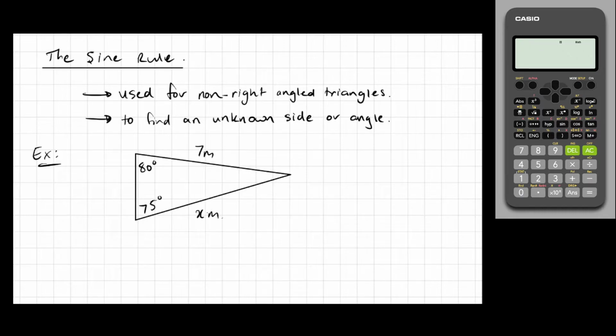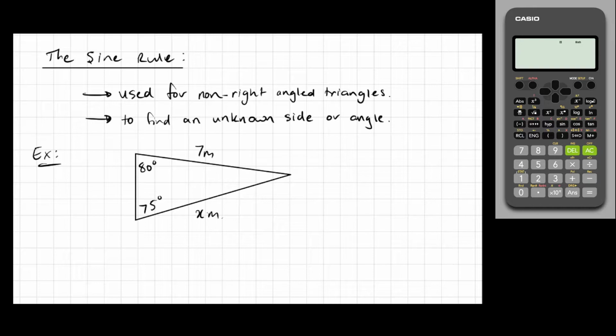Now, the sine rule itself states that all of the sides of the triangle are going to be in proportion to their angles, okay? So up the top here I'm going to write what the sine rule is. There's two different versions of it, but we only need to write one down because the other one is just the flip of it.